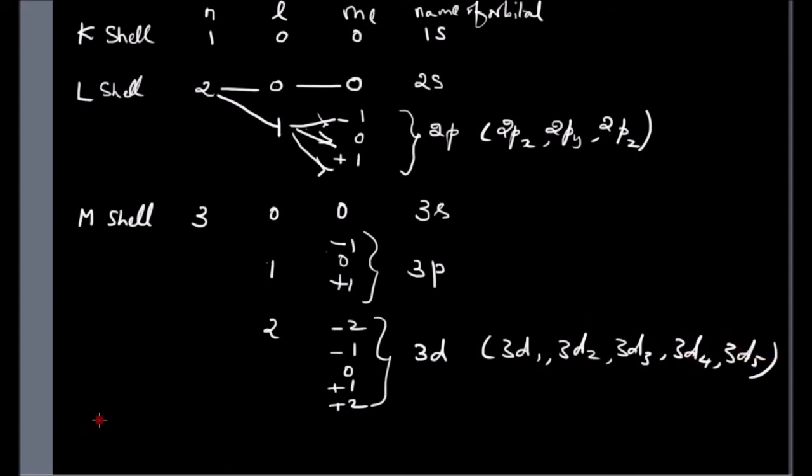And so on. You can go to the next one, N shell. For 4, it will be 0, 1, 2 and 3. I'll show them.